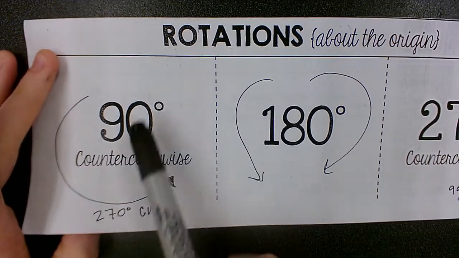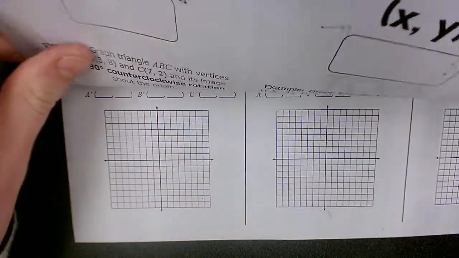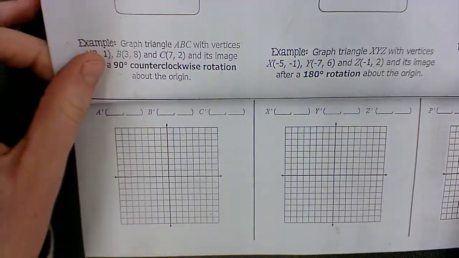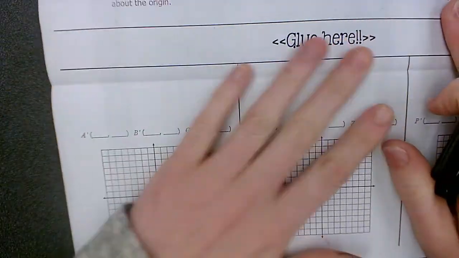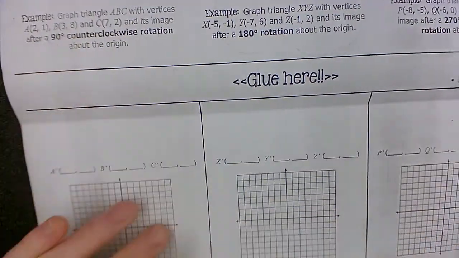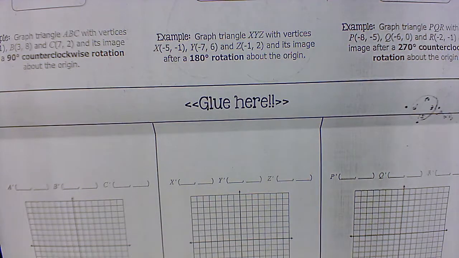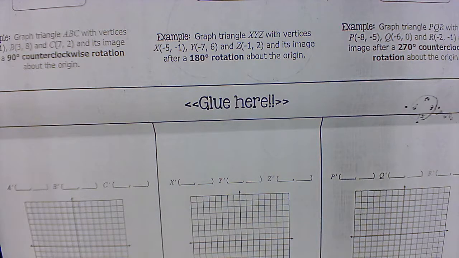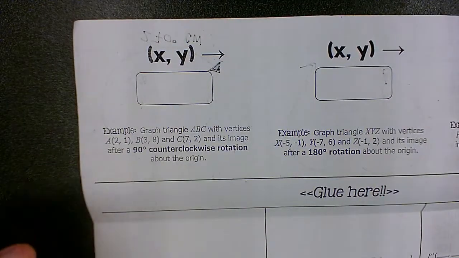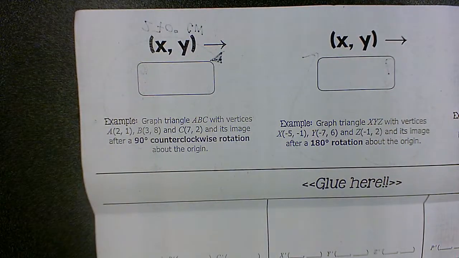So let's go ahead and start with 90 degrees counterclockwise. Okay, so there's different ways we can do these, and I'm actually going to show you all 4 methods, and the 5th method isn't really a method, it's just kind of a visual way to do it, the way I sometimes do. So if you're more visual, sometimes this will be a little bit easier for you.